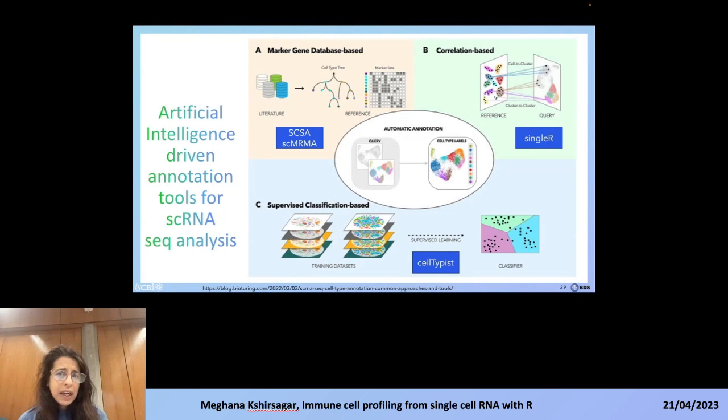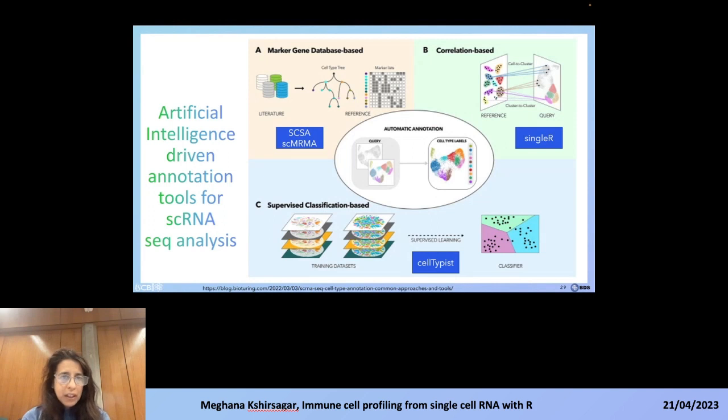The annotation tools that are available are categorized by the way they annotate into three different categories. We have the marker gene database tools, we have the correlation based, and we have the supervised classification based. When we talk of the marker gene database based, the annotation tools rely on some external reference databases in order to give labels to the cell types.